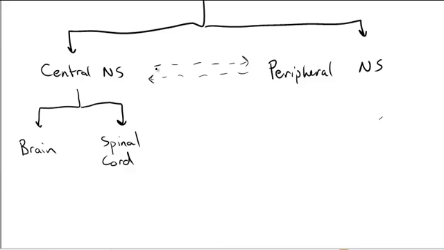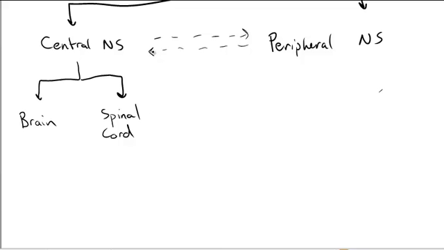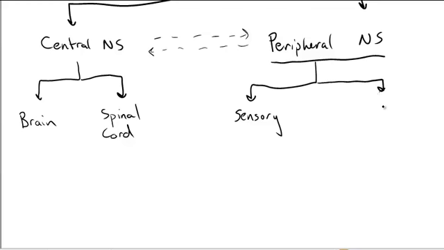So we can't really separate them in terms of how our nervous system functions, just more we separate them arbitrarily to help understand. So we have the peripheral nervous system. This can then be further broken down into sort of the sensory side, the receiving signal side, versus the motor side, which is the acting upon what you're sensing.